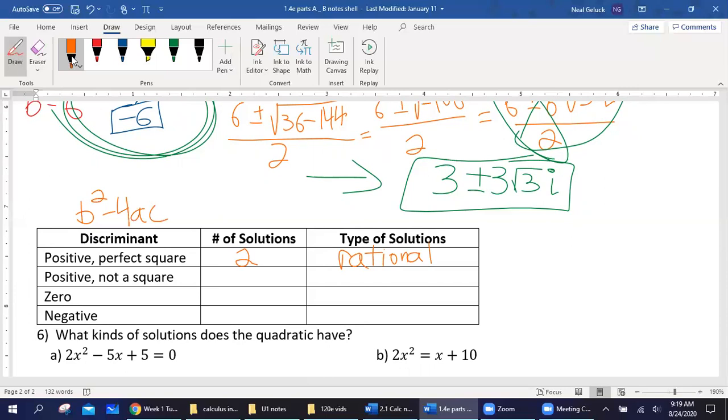If the b squared minus 4ac is positive, but it's not a perfect square, you're going to get two answers. They're going to be irrational answers. If the b squared minus 4ac equals 0, you're only going to get one answer to the problem. That answer is going to be rational.